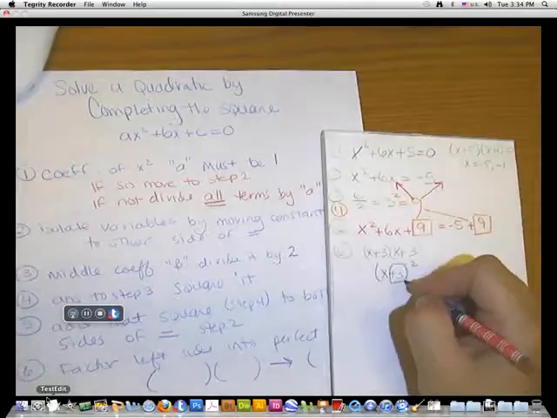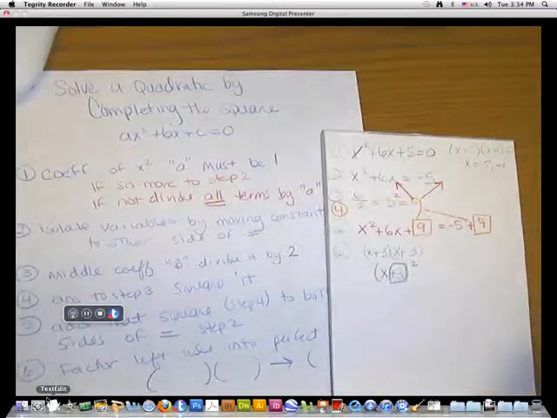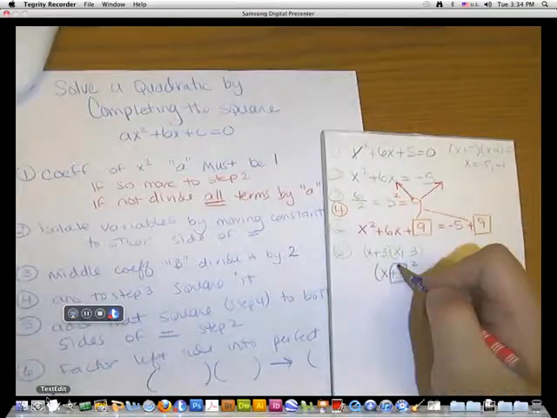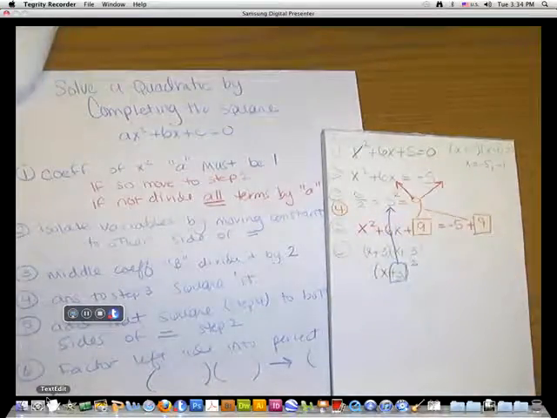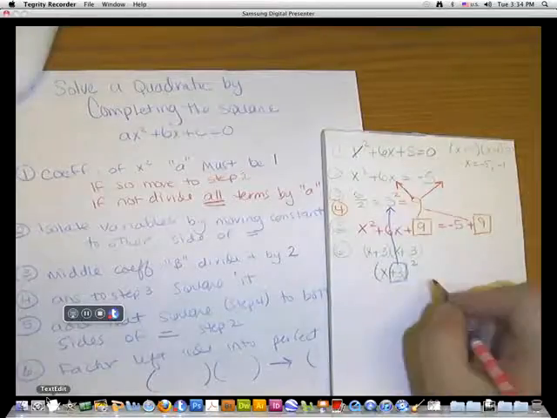The number we put here will always, always, always come from step 3. It will always come from whatever we got when we divided by 2. That's the number that's going to go in there. So it doesn't matter if it comes out to be ugly, a fraction, whatever. It's always going to be what we got when we divided by 2.